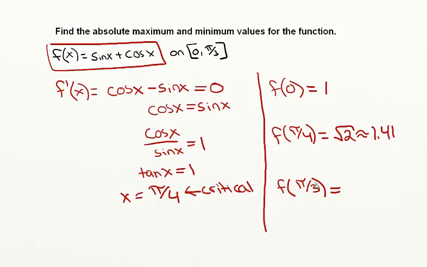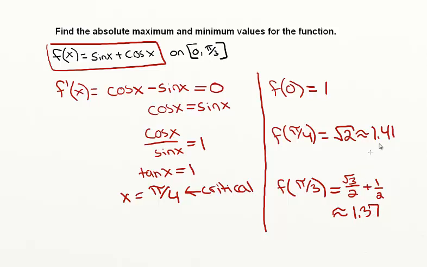Then f of pi over 3, sine of pi over 3 is the square root of 3 over 2, and cosine of pi over 3 is going to be 1/2. So if we get a decimal approximation for that, that's 1.37.